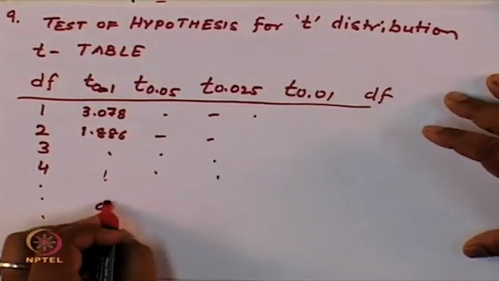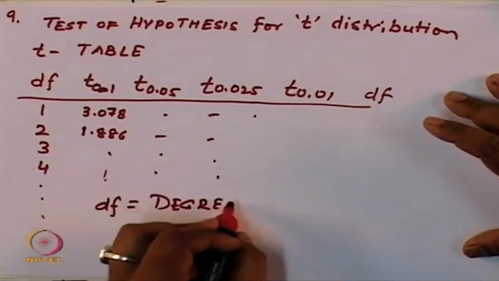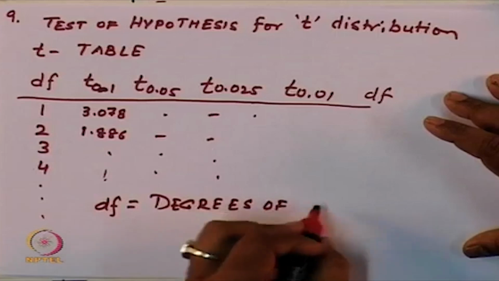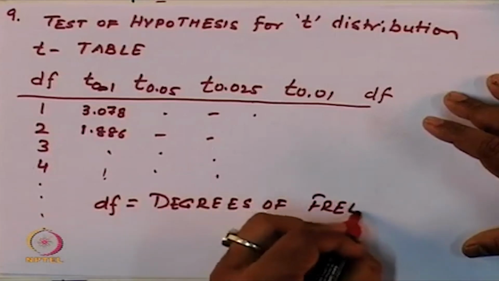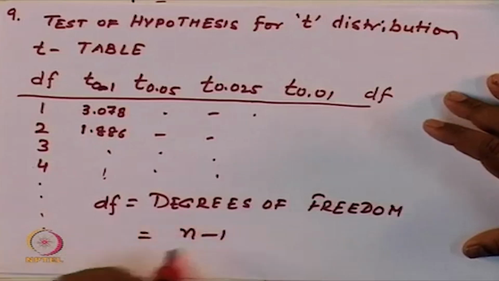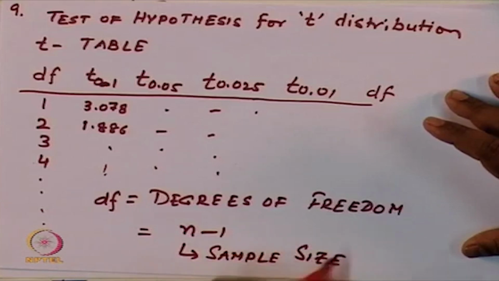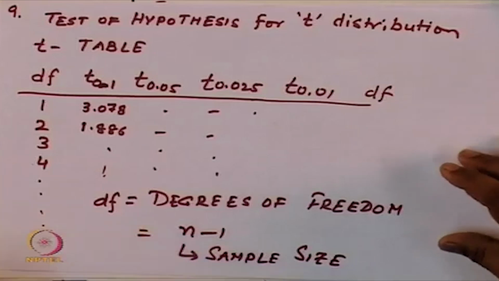So, df, or the degrees of freedom, is nothing but n minus 1. So, if n is your sample size, df is n minus 1.